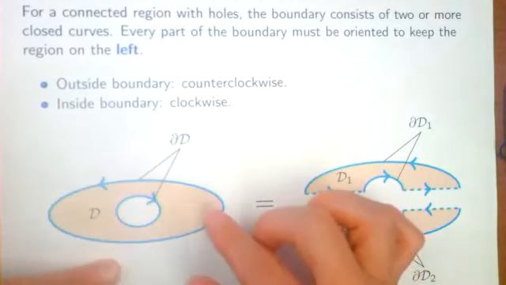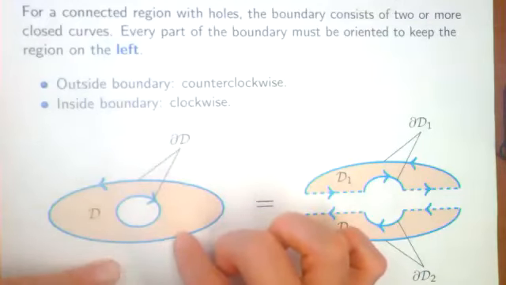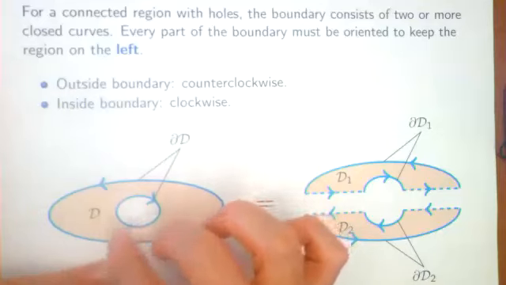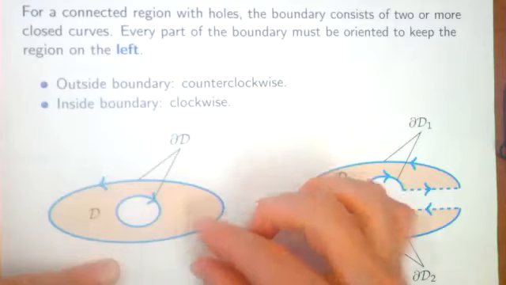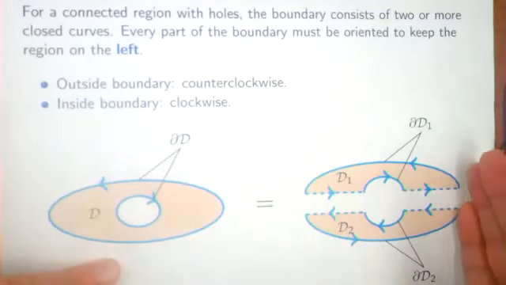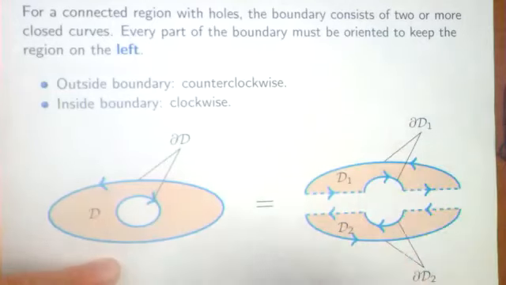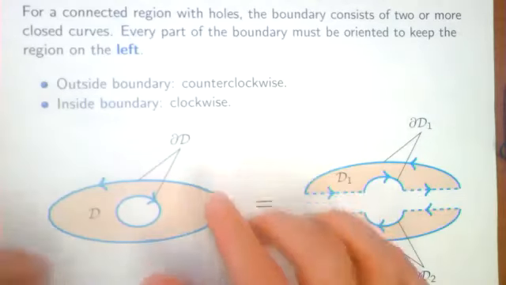I'm going to argue that if the outer boundary is counterclockwise and the inner boundary is clockwise, I can divide this region into two regions without holes and then use Green's theorem on those two regions to deduce a conclusion for the region with holes.